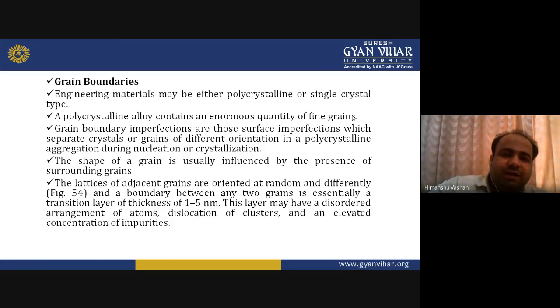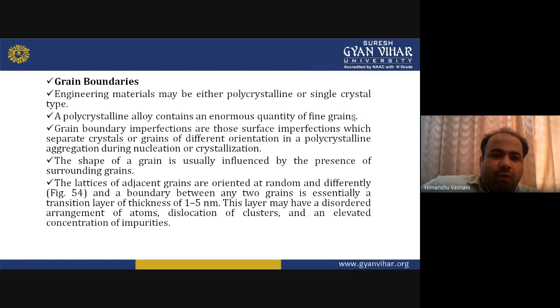A polycrystalline alloy contains an enormous quantity of fine grains. Grain boundary imperfections are those imperfections which separate crystals or grains of different orientation in a polycrystalline aggregation during nucleation or crystallization.